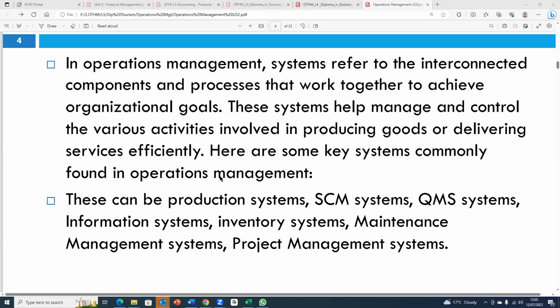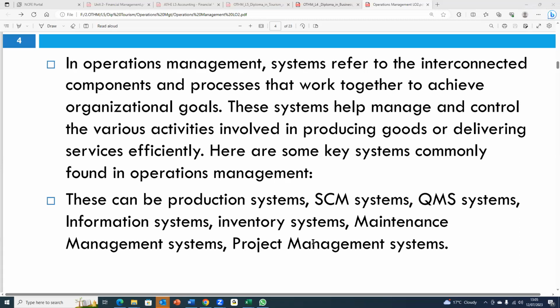When we talk about systems, we are talking about hardware and software, so computer systems, for example quality management systems, or quality circles management systems, supply chain systems, production systems, a lean management system, project management systems, inventory and stock control, and information management systems, in other words.